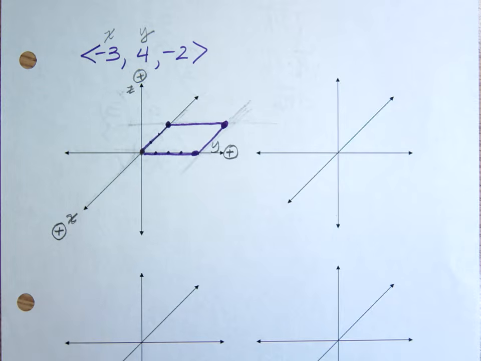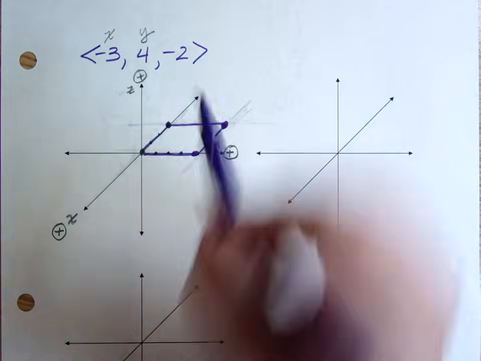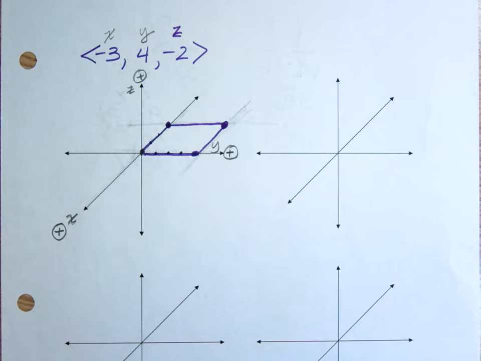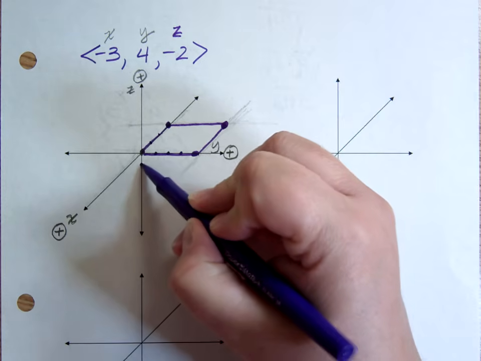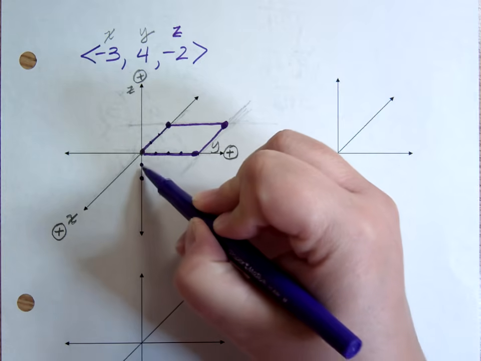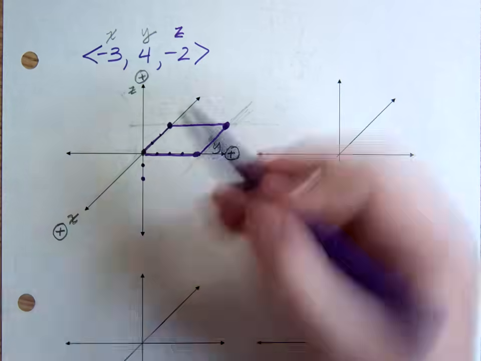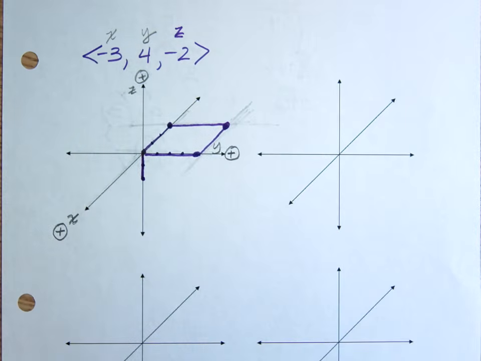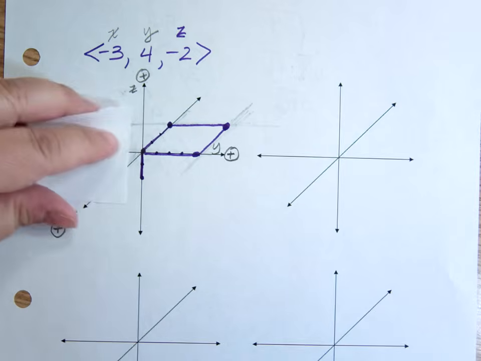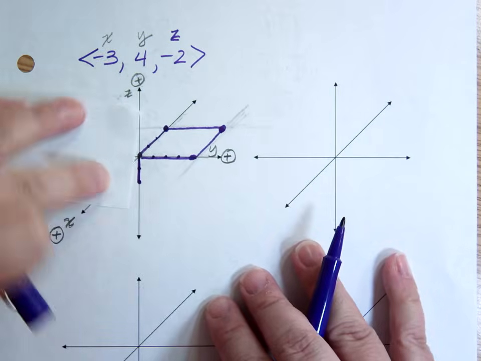That's either the top of my box or the bottom of my box. Since I'm going to go down for Z, that is the top of my box. So I'm going to go down 2 from all 4 of those corners. Now the easiest place to go down to is on the Z-axis. So here's that. For the rest of them, you kind of have to take a corner of a piece of paper to help you mark it off, to make sure you're going down the same distance that you did right there.